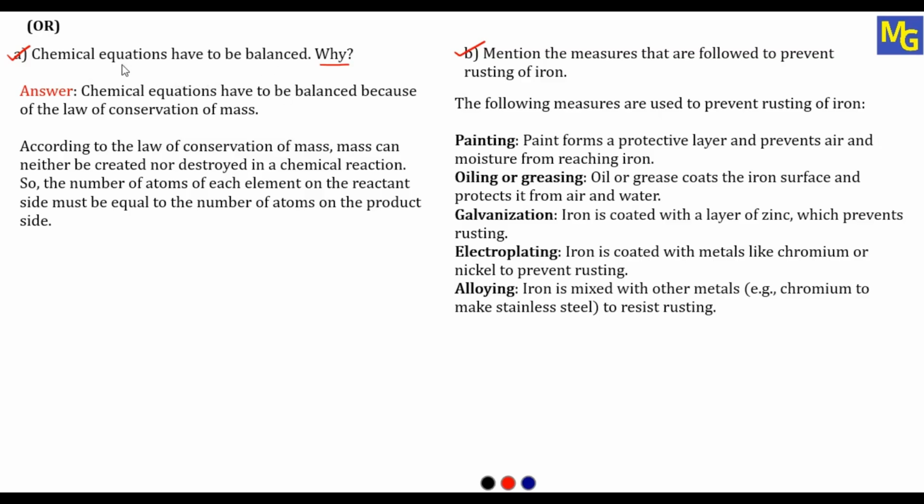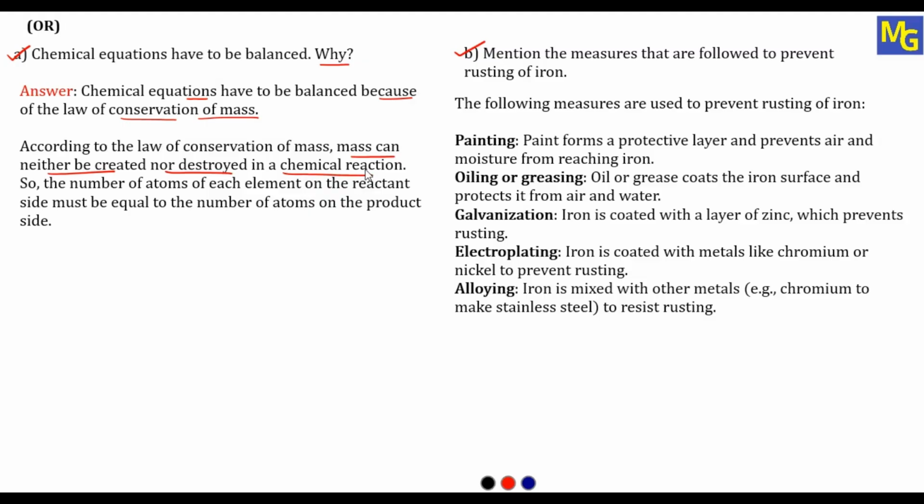So here we have to tell why the chemical reaction should be balanced. So the answer is, chemical equations have to be balanced because of the law of conservation of mass. So the reason is law of conservation of mass. And what the law says, according to the law of conservation of mass, mass can neither be created nor destroyed in a chemical reaction.